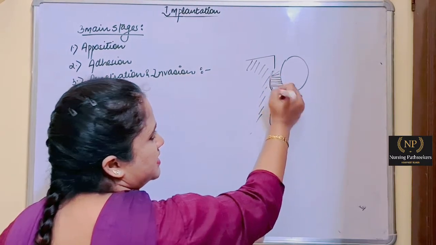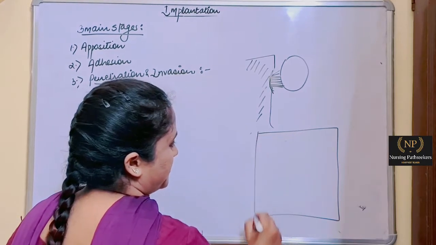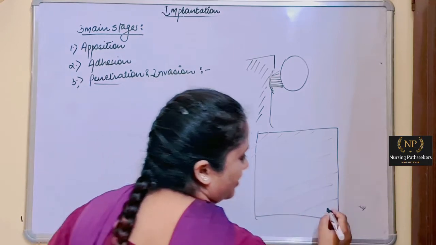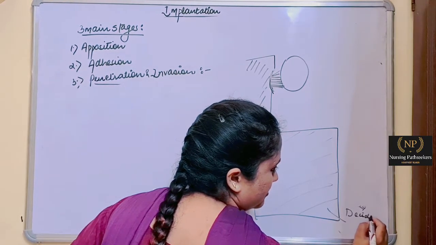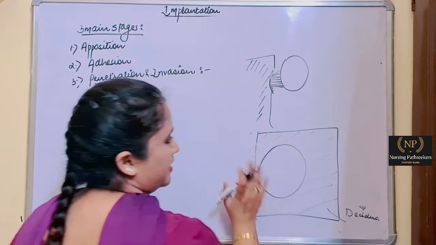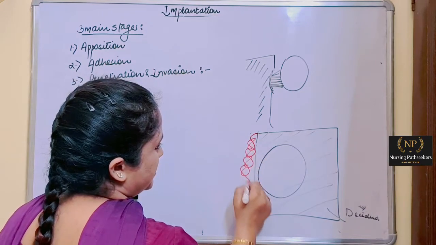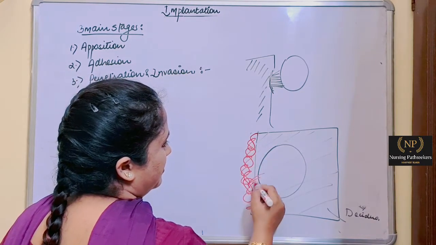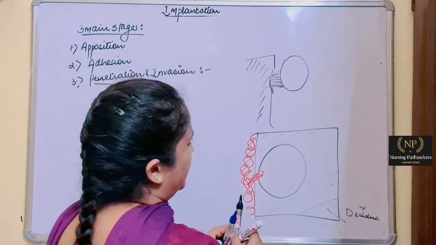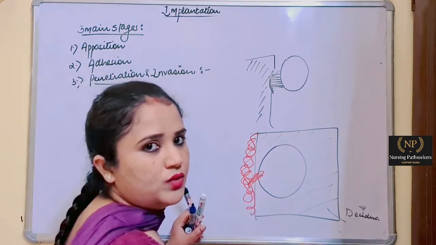So this was the starting point, and now after implantation, this is the endometrium, called decidua, and now the blastocyst has got embedded inside the endometrium. These are the maternal capillaries and the contact is being established, blood flow is being established. Now there is no more need of further invasion.